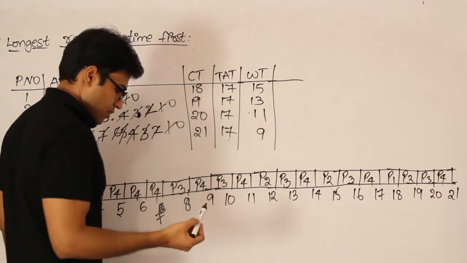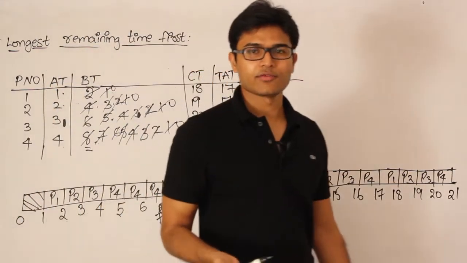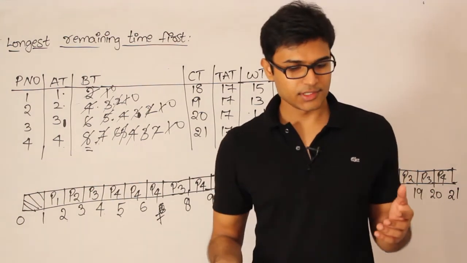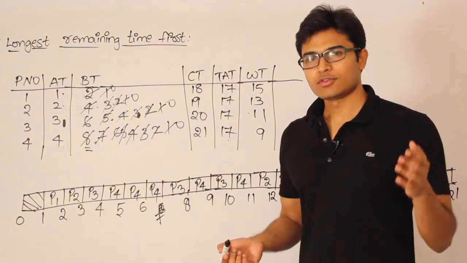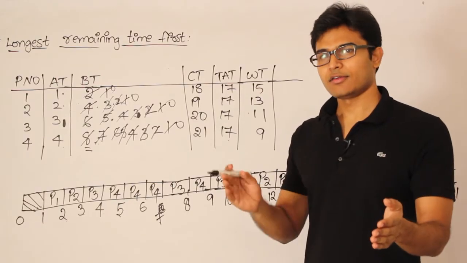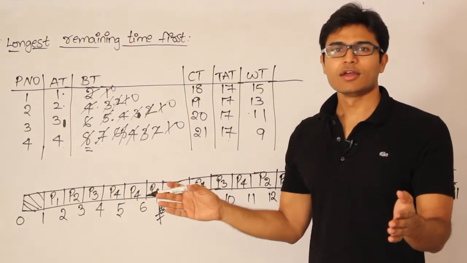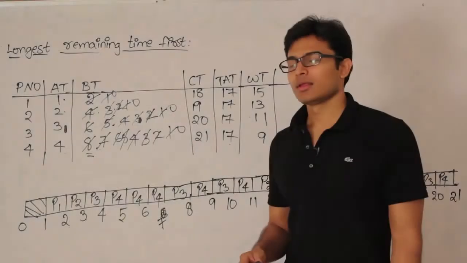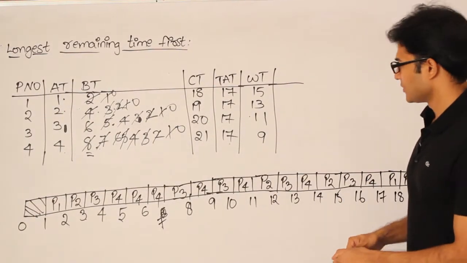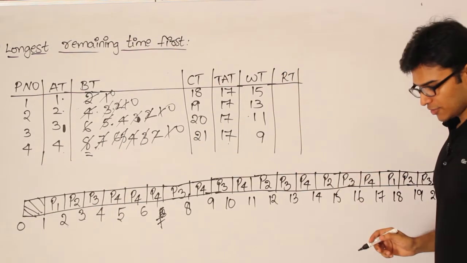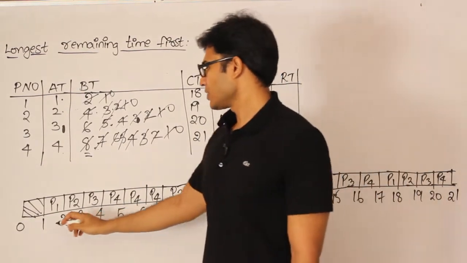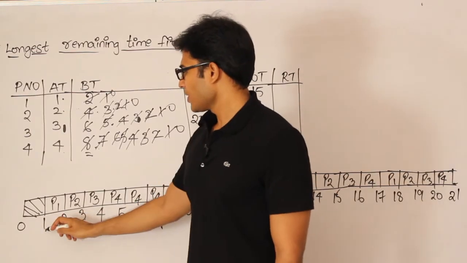Fine. And then we could even find out the response time. What is the response time? You see the first time a process got scheduled and when it has actually arrived. So since its arrival till its first scheduling, what is the time elapsed? Now we can find out the response times like this. For the first one, it got scheduled at time t equal to 1, and when did it arrive?